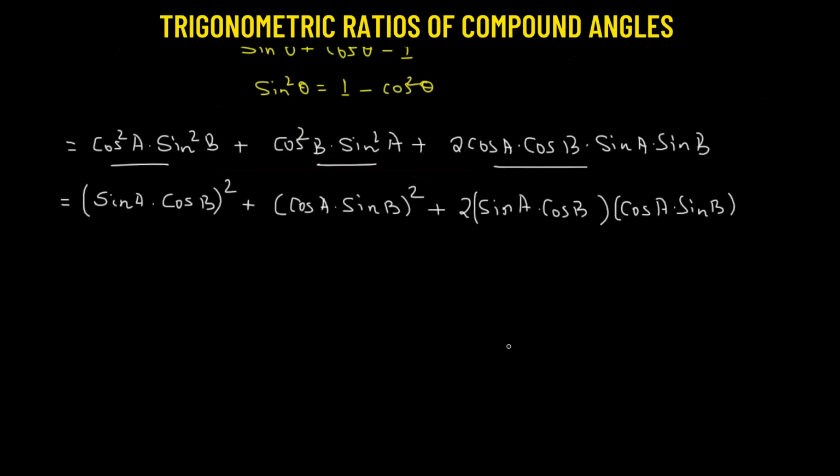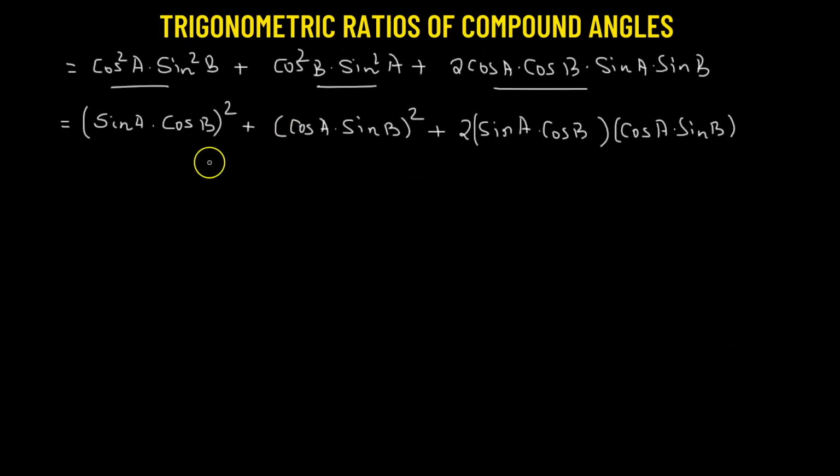Now this has been done because this has the form a squared plus b squared plus 2 times a times b. So that means this is nothing but sine A times cosine B added to cosine A times sine B, and then we are squaring it. So what is sine A cos B plus cos A sine B?